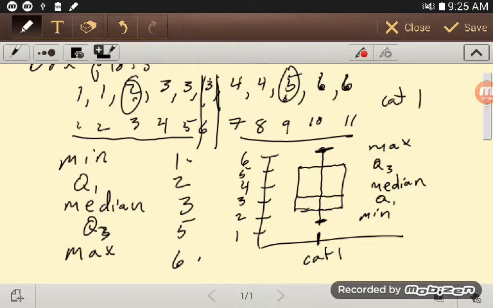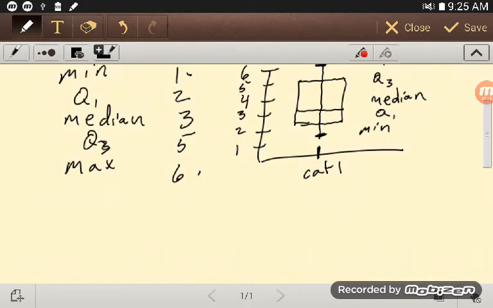Well, I'm not big on pushing this idea of outliers, and so that's just a side thing.